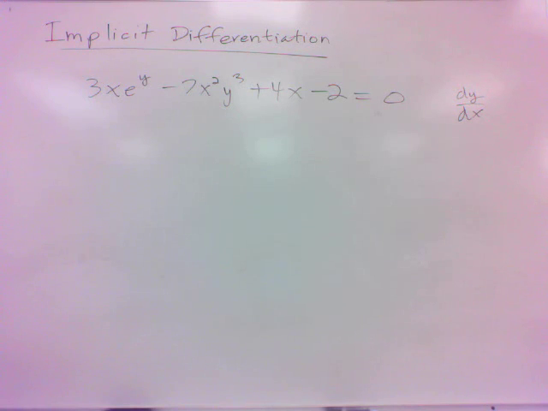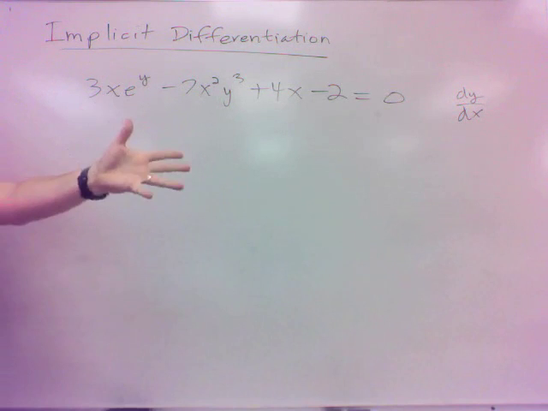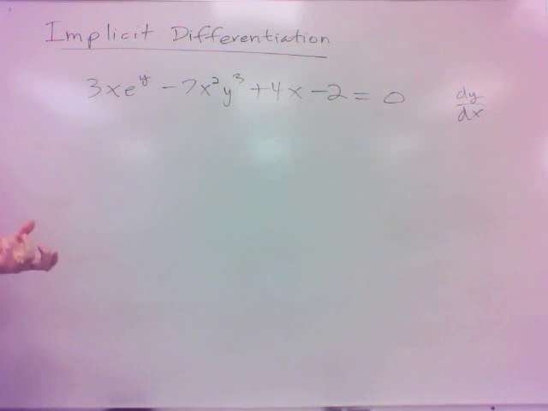Same idea, we are assuming here y is some function of x, but we can't explicitly define it. And so we're just going to implicitly do our differentiation. Backdoor kind of thing. Okay?